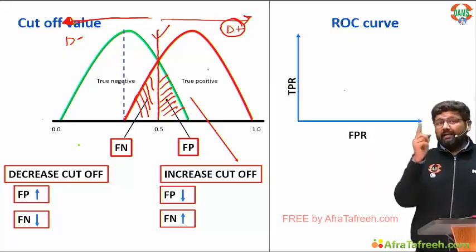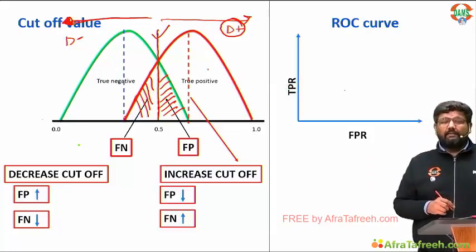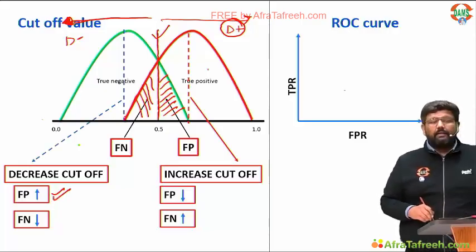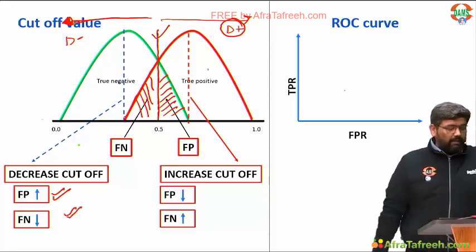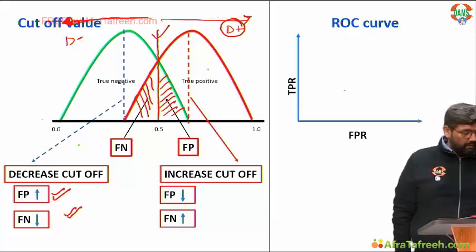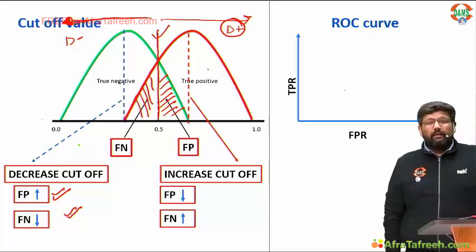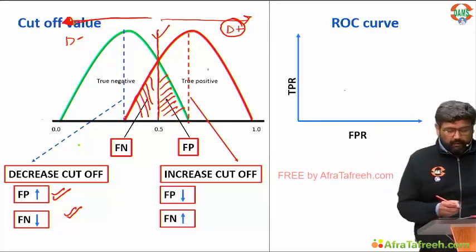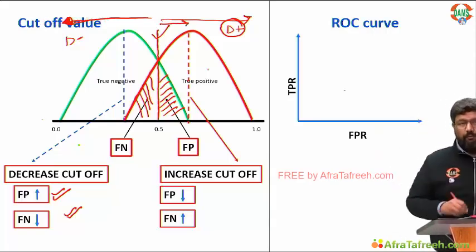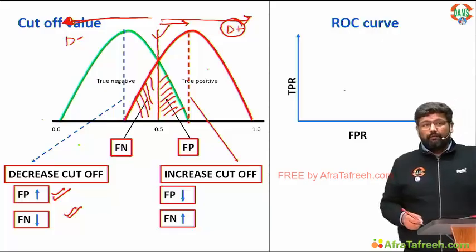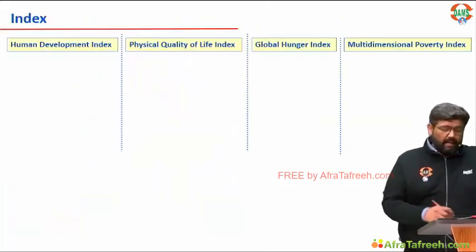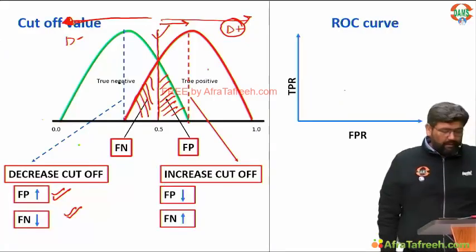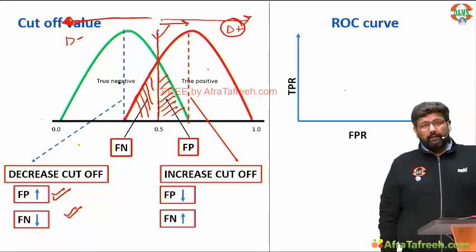Now, if I decrease the cutoff, the false positive will increase and the false negative will decrease. And if I increase the cutoff, the false positive will decrease and the false negative will increase.